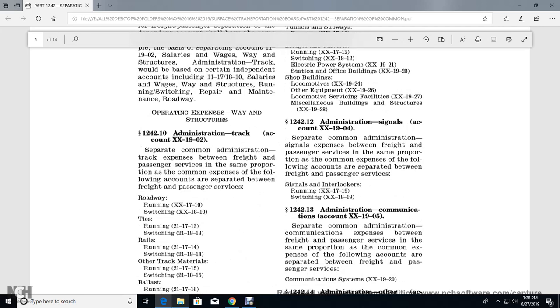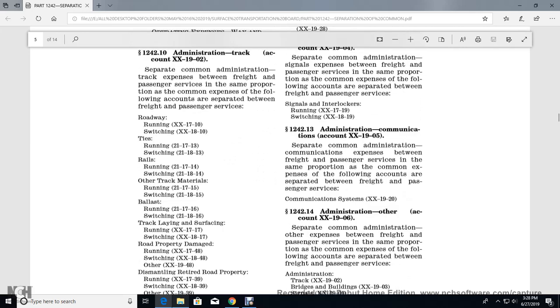1242.12, accounting administrative signal with accounting XX 1904, separate common administrative the signals expense between the freight passenger for the same proportion of the common expense. The following accounts are separated between the freight and passenger service: signal interlockings running XX 1719, switching XX 1819. 1242.13, administrative communications account XX 1905, separate communication administrative communication expense for the freight passenger service the same portion of the common expense.